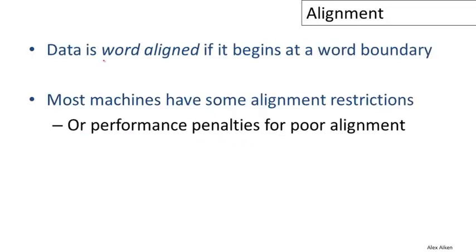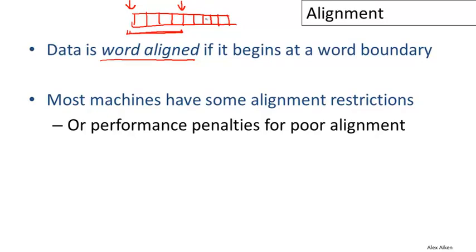We say that data is word aligned if it begins at a word boundary. So if we think about the organization of the memory, and it's laid out into bytes, and let's say that this is a 32-bit machine so that 4 bytes make a word, and one word begins here and the next word begins here, then if data is allocated on a word boundary, say in these 4 bytes, that would be a word aligned piece of data.